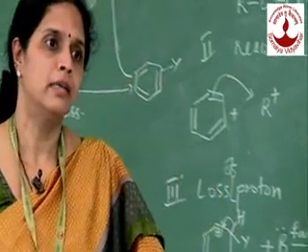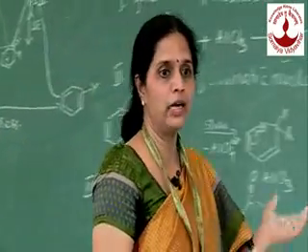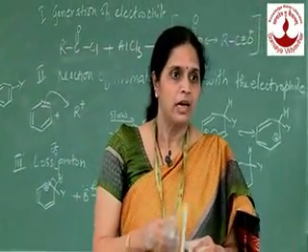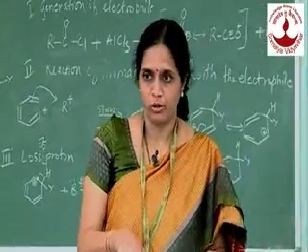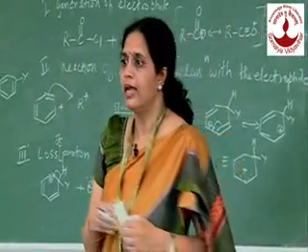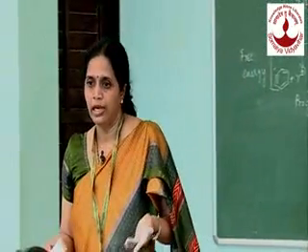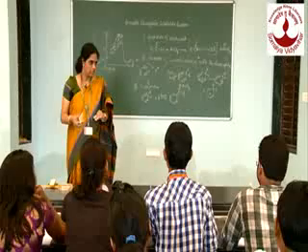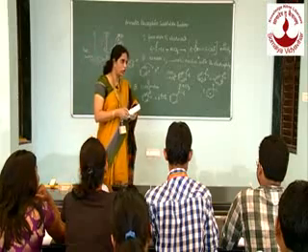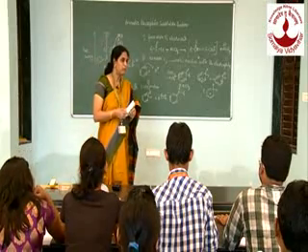And you also know that to break the complex we have to add water to the reaction mixture. In that process AlCl3 gets converted to Al(OH)3. So AlCl3 is not regenerated.